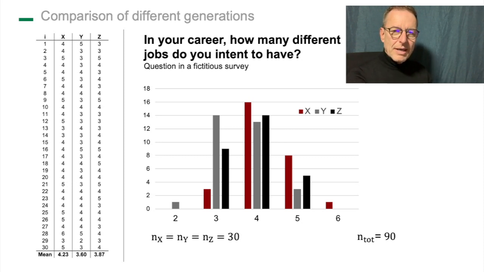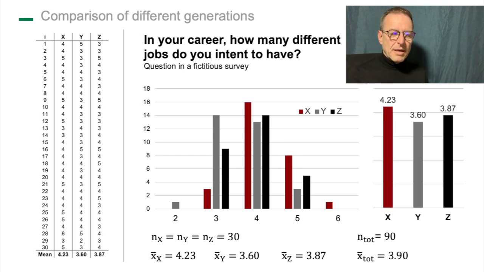Okay, so now you can, of course, do a comparison based on the frequencies. How many people of Generation X said 2, 3, 4, 5, 6, and what did the people of Generation Y say, and what did the people of Generation Z say? And you compare this, right? But the easier thing that you would do is compare the mean. And this is shown on the right side of this picture.